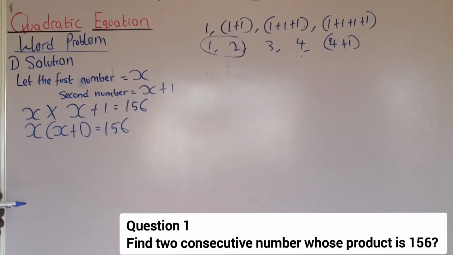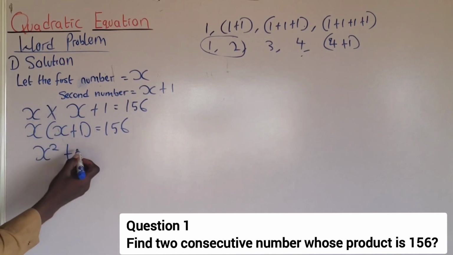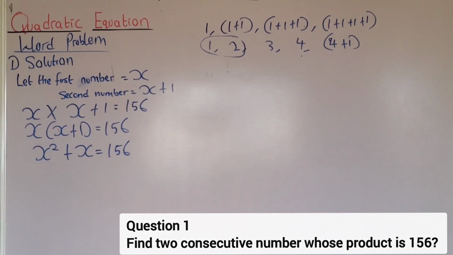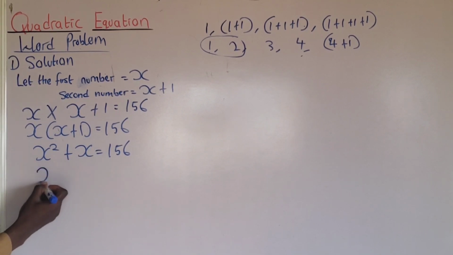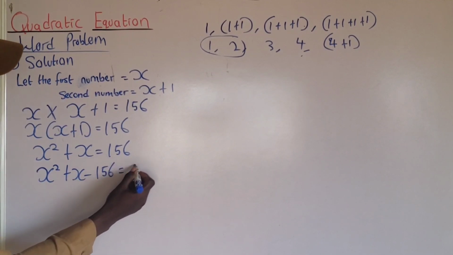Now, let us open the bracket. x times x is x squared, plus x times 1 is x, equals 156. You can see it's a quadratic equation, so let us rearrange it. So here I'm going to have x squared plus x minus 156 equals 0.